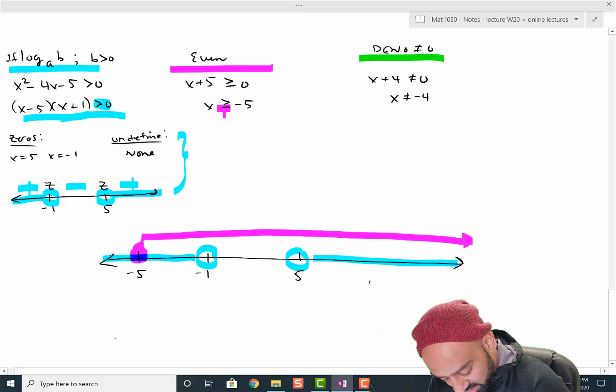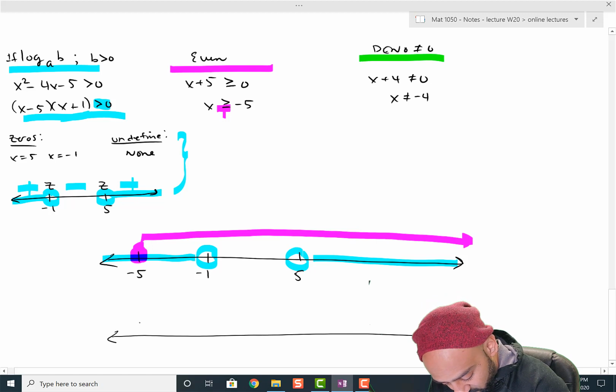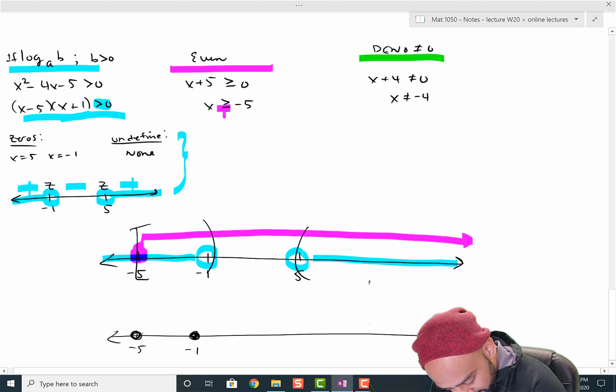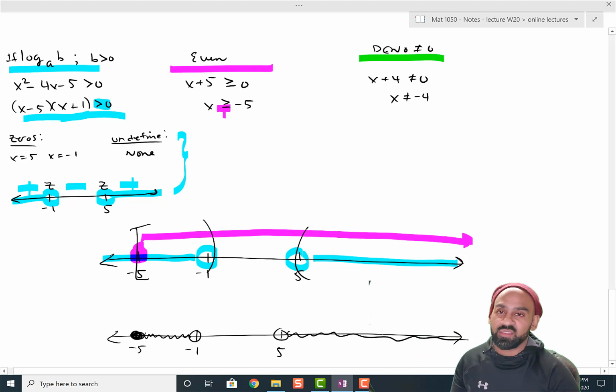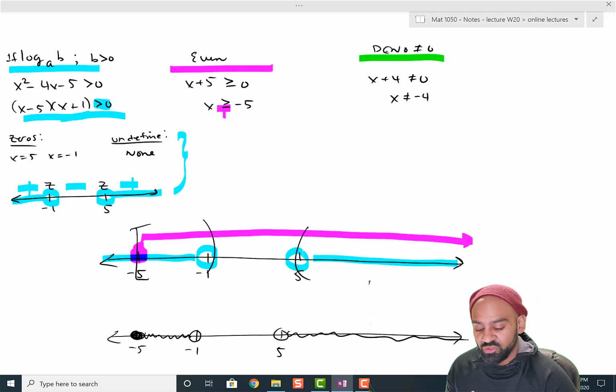So if I had to do this thing, if you notice, there's overlap from here to here and from here on up. So from negative 5 to negative 1 should be this overlap. Okay, but at negative 1 it won't be closed, it'll be open. Should be this overlap, and from 5 on up. Okay, so that's where we're at so far. That's in stone. It's no longer a blue light of imagination. We actually know that's right.